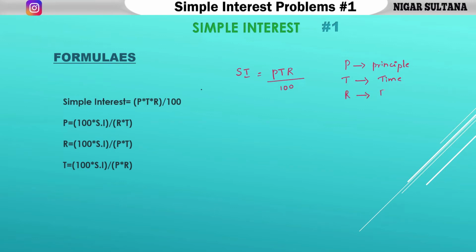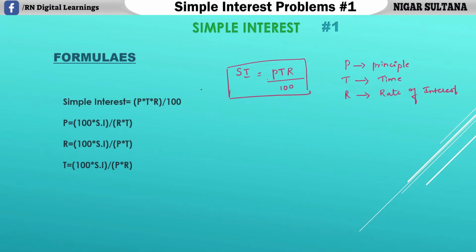R means rate of interest. By the simple interest formula, we can derive how to calculate the principal when simple interest is given, time is given, and the rate of interest is given. We need to multiply the principal amount with time as well as with the rate of interest, divided by 100.